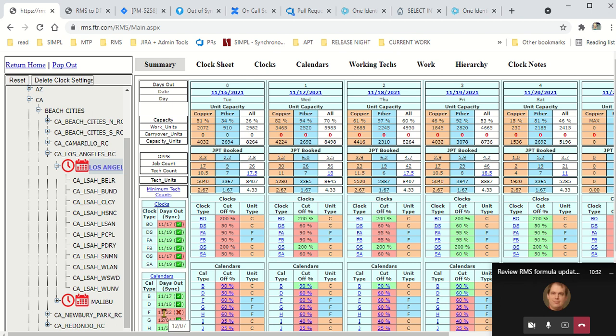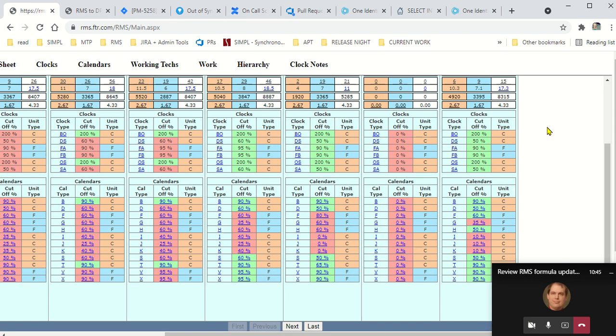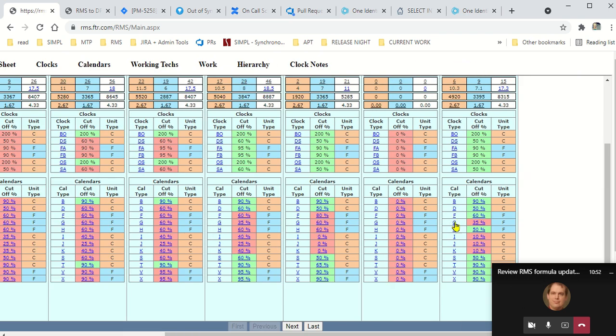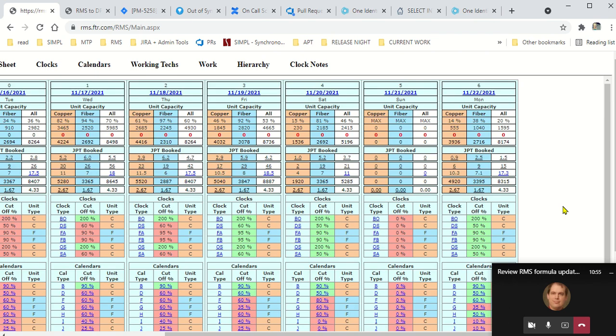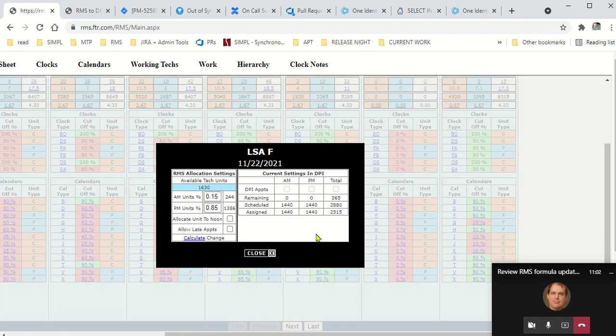It's 12:07 there. For F. Okay. And it should be available. Okay. So the remaining is 0 on both of these.